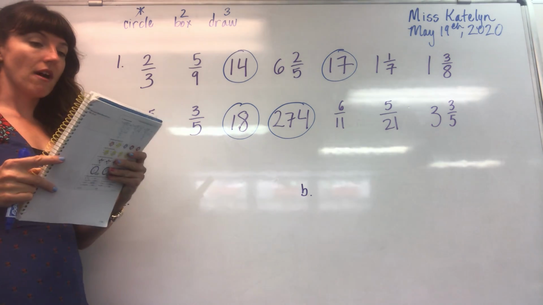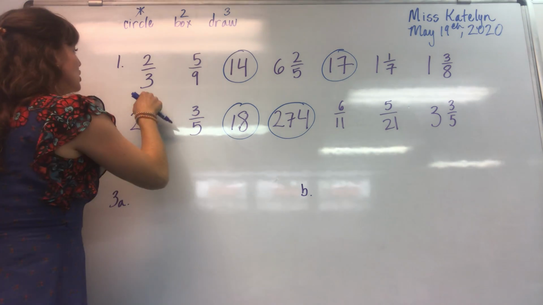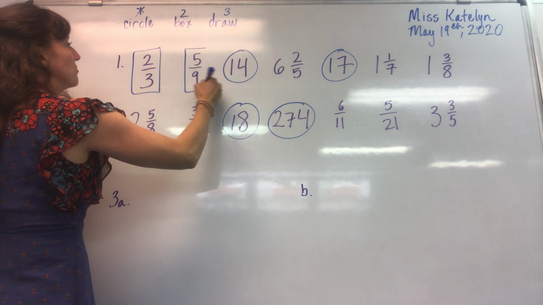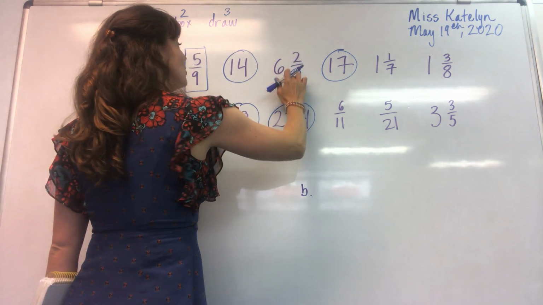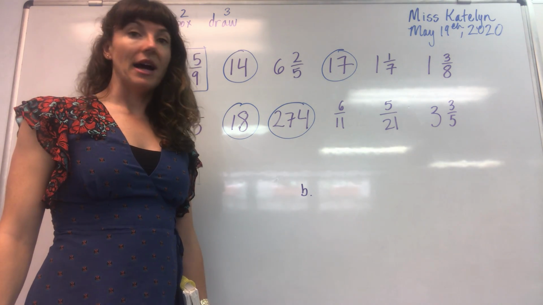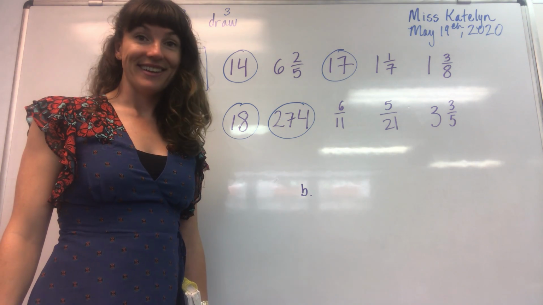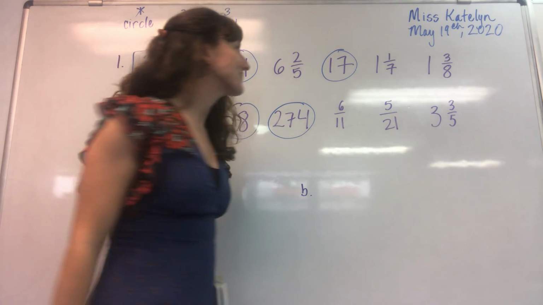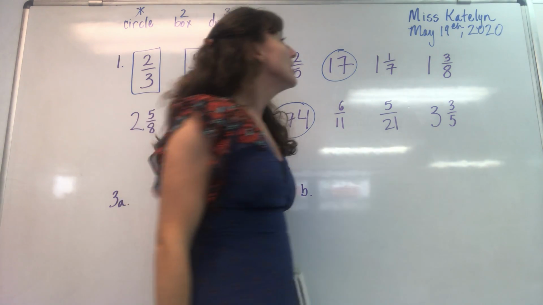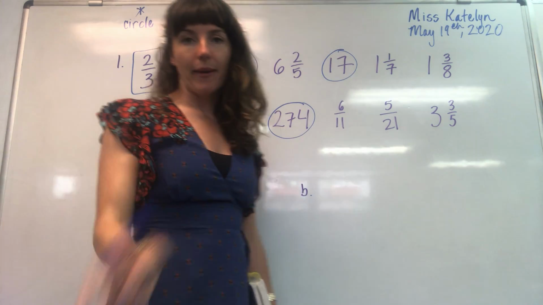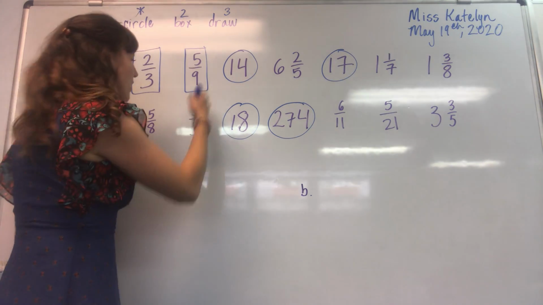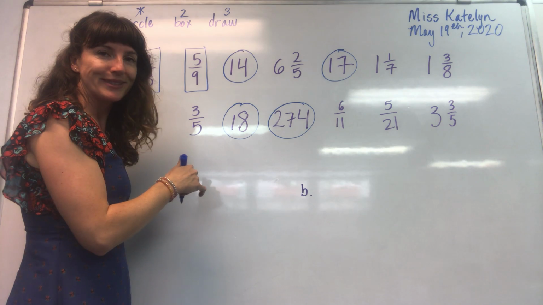Okay, find the number 2 and do what it says. Box the fractions. Okay, 2/3, that's a fraction, put a box. 5/9, that's a fraction, put a box. 6 2/5, there is a fraction, but that combination is not a fraction. 1 1/7, combo, no. 1 3/8, combo, no. 2 5/8, combo, no. 3/5 alone, that's a fraction.